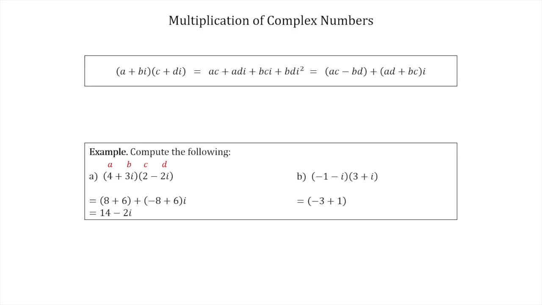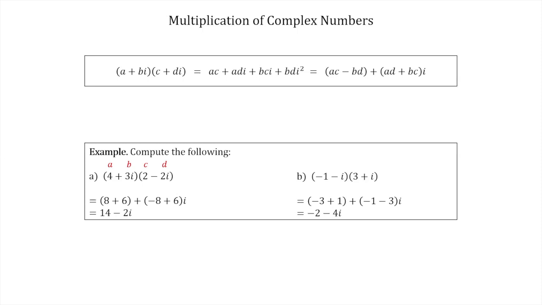So we get minus 3 plus 1. And then we do ad, which is minus 1 times 1, gives us minus 1, plus bc, which is minus 1 times 3, so minus 3, times by i to get the imaginary part. Work out the brackets, and we get minus 2 minus 4i.